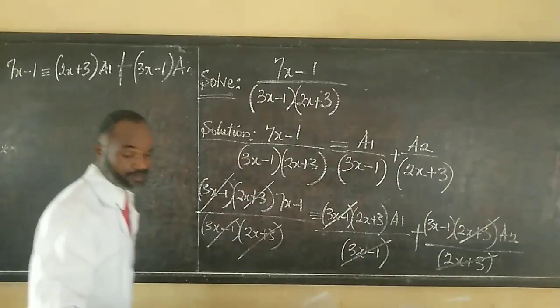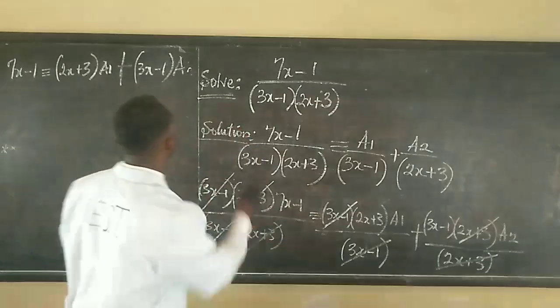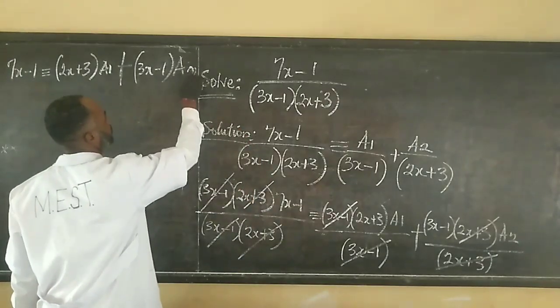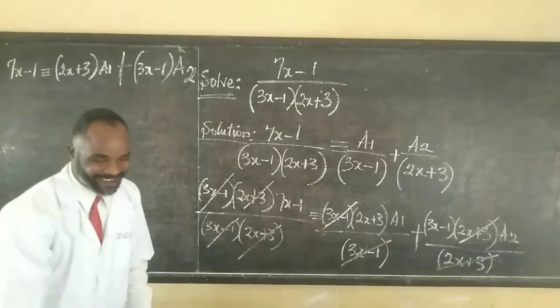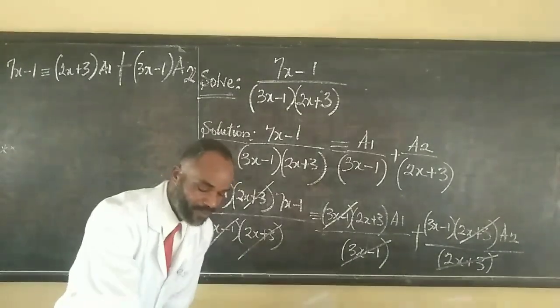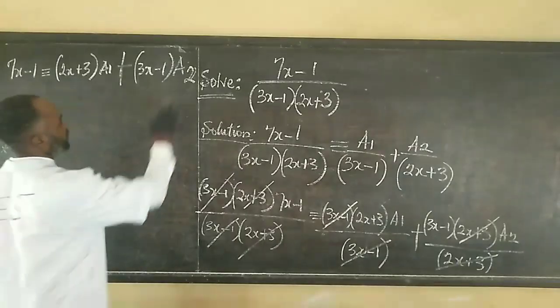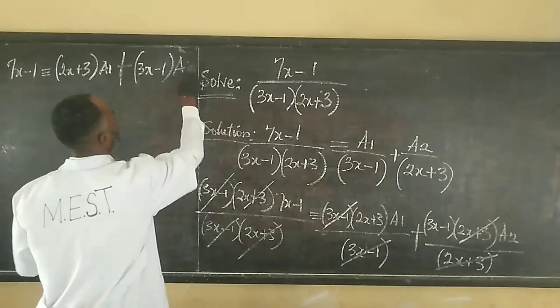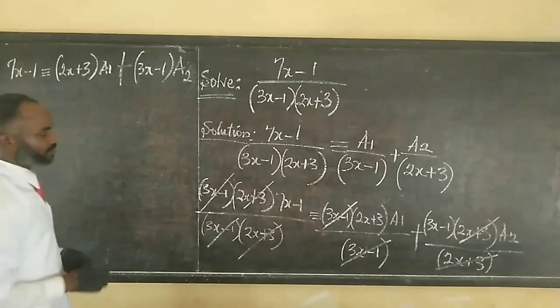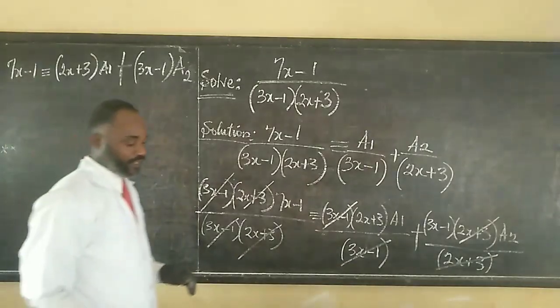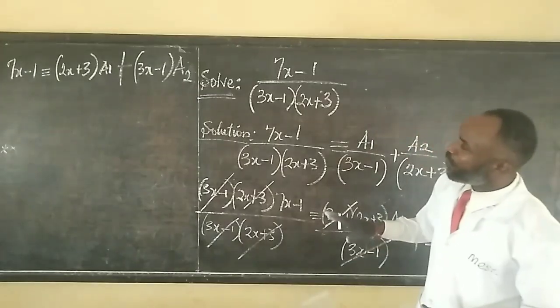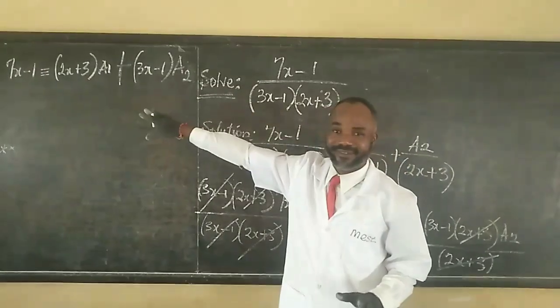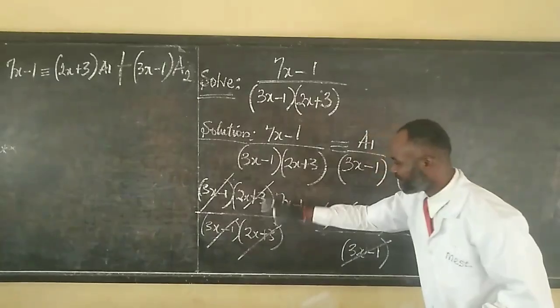Good. Where's my chalk? Let me get more chalk. Of course, we have time. Okay, so that is it. So this is A2. We are done with this. Can you see now, if you have paid attention to what I said earlier, we only have numerators, no longer denominators.